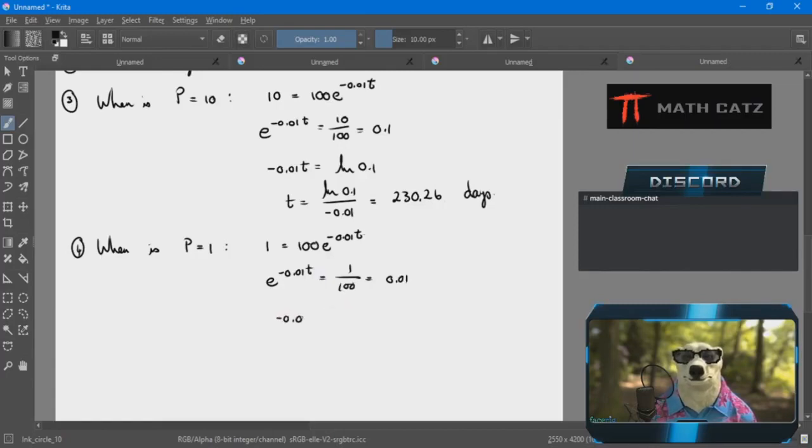So negative 0.01 T is natural log of 0.01. I can't cancel these 0.01s. This second one is in the log function. So T is log of 0.01 over negative 0.01. So let's see what that is.